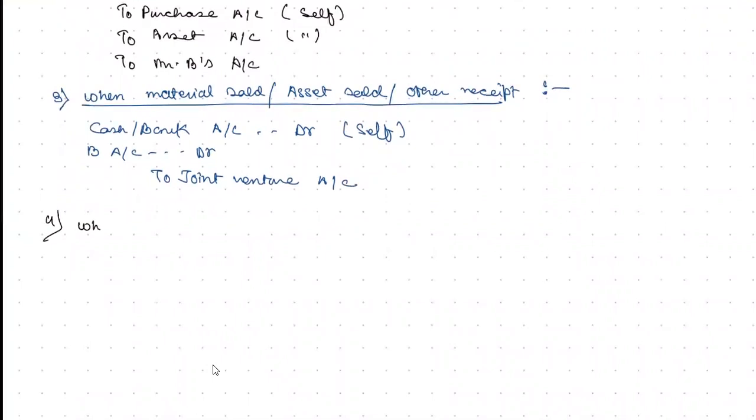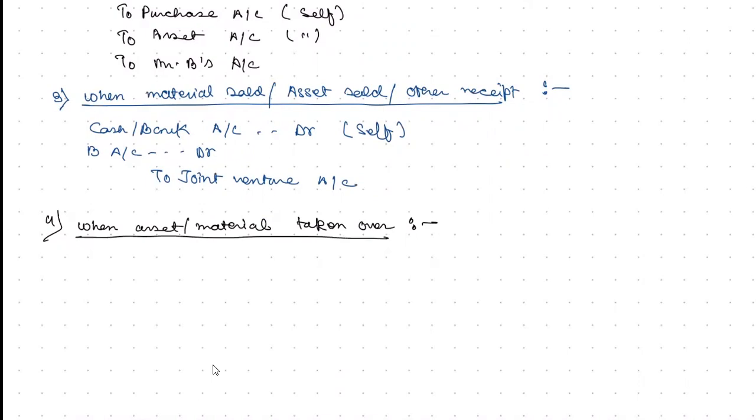Now, when asset or material is taken over, जब टेक ओवर होता है तो क्या होता है? पहली बात तो ज्वाइंट वेंचर की इनकम हो. करेक्ट.